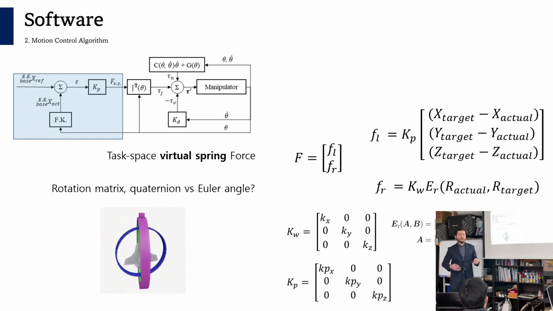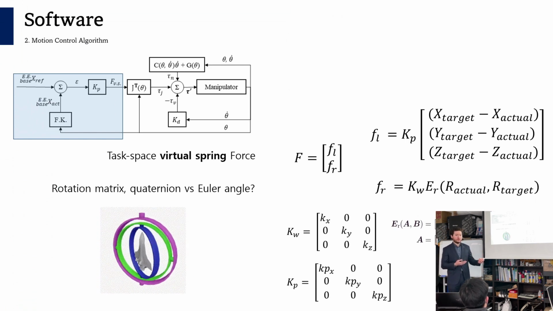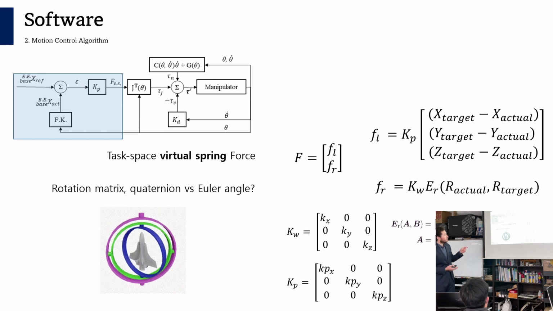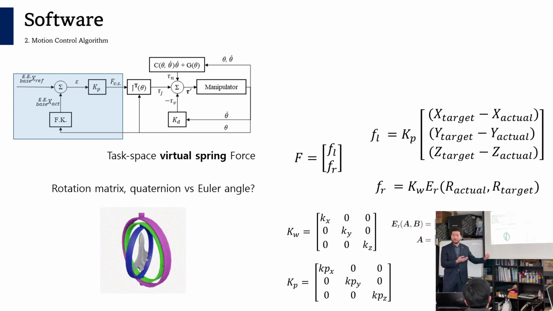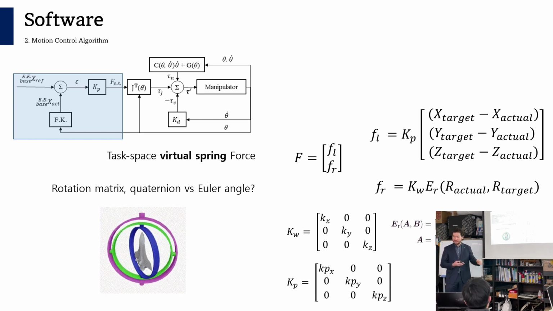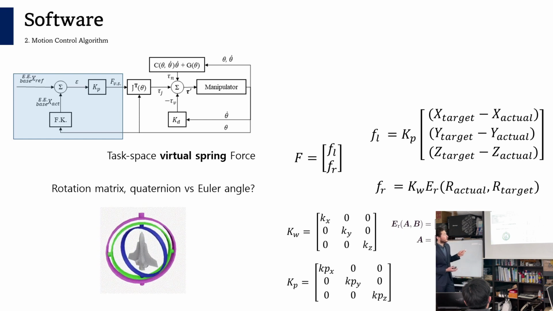So I have two poses, which is an actual pose of the end effector, and a reference pose, which is coming directly from the virtual reality headset by the red box. Yeah, and now I have to combine them together to create a virtual spring force.